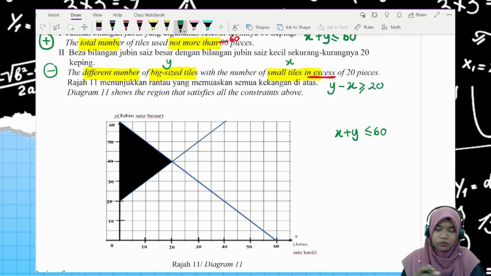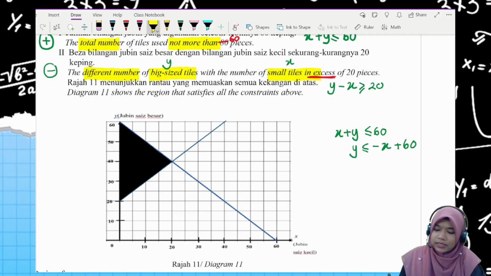You have to know which line is it. So you have to arrange the inequalities into general form in terms of y equals mx plus c. So this one is x plus y less than or equals to 60. When you arrange it in general form, it will be y less than or equals to negative x plus 60.